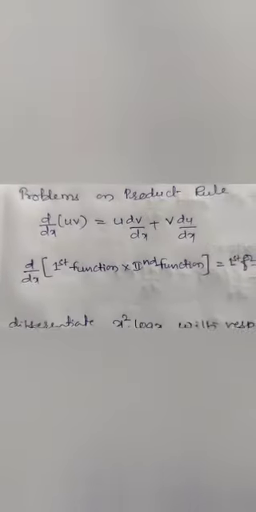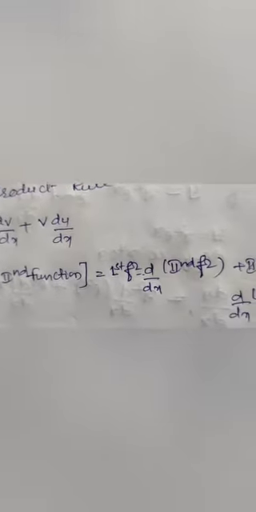Means first function as it is, differentiate second function, plus second function as it is, differentiate first function. We get d by dx of uv. Using this rule, we have to solve the remaining problems.